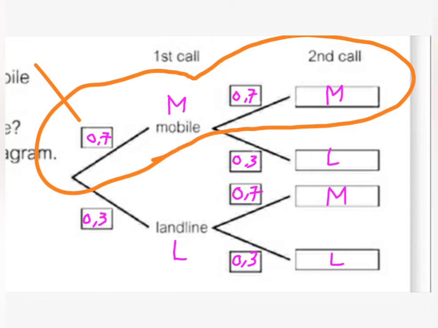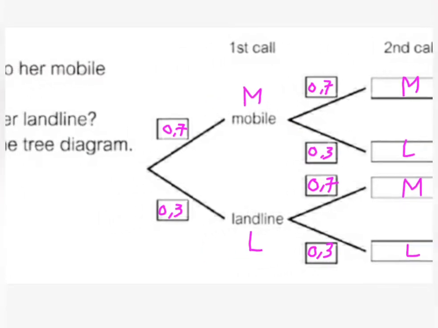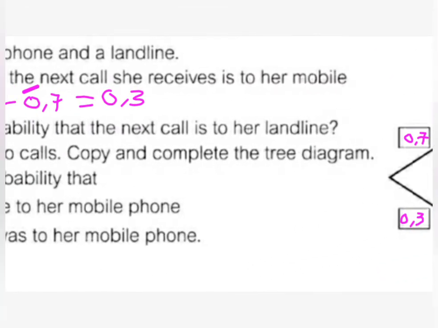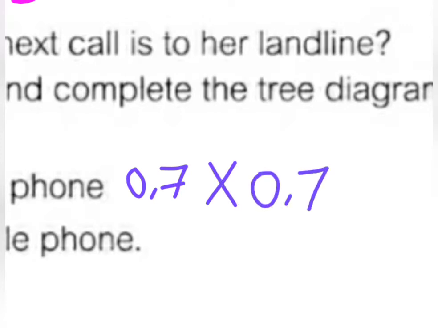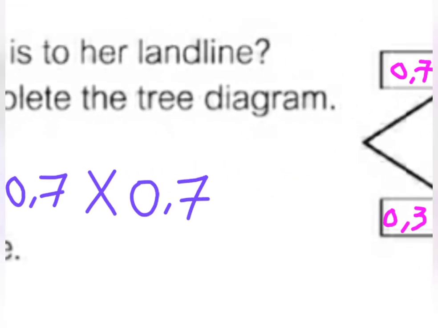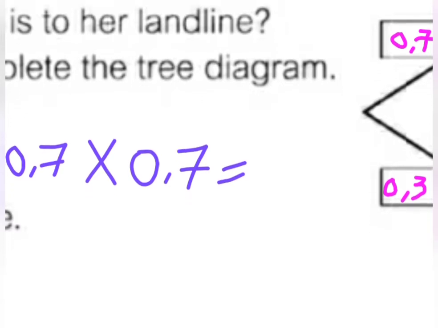Now let's put them in an equation. So both calls for the mobile phone, it's going to be 0.7 multiplied by 0.7. And the answer will be, let's check with a calculator and then come back.